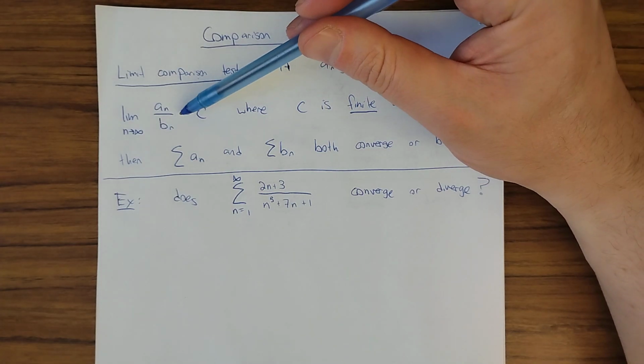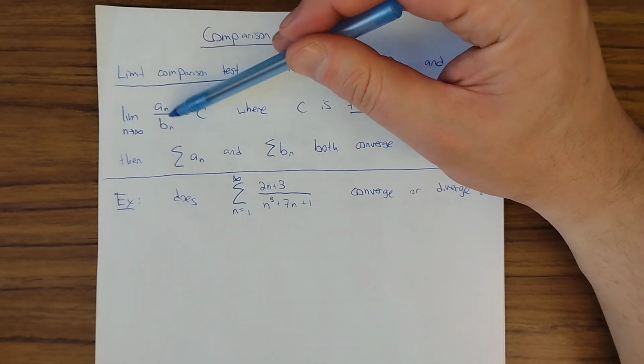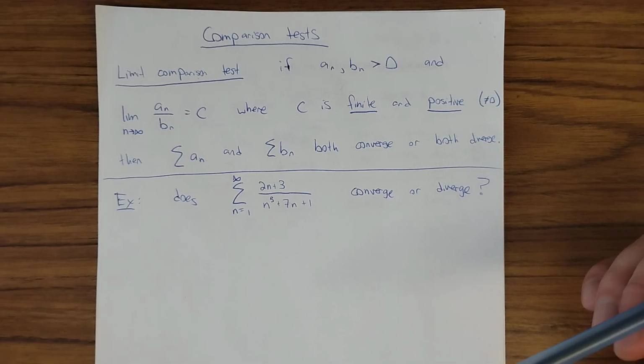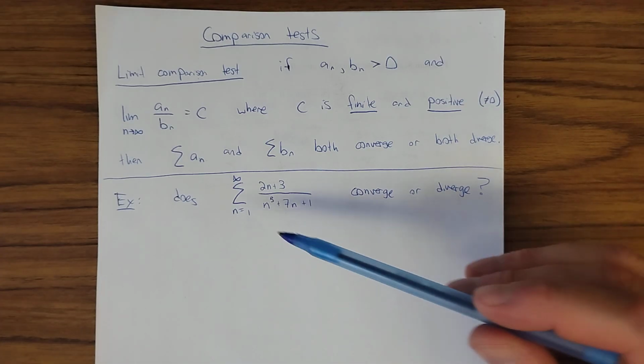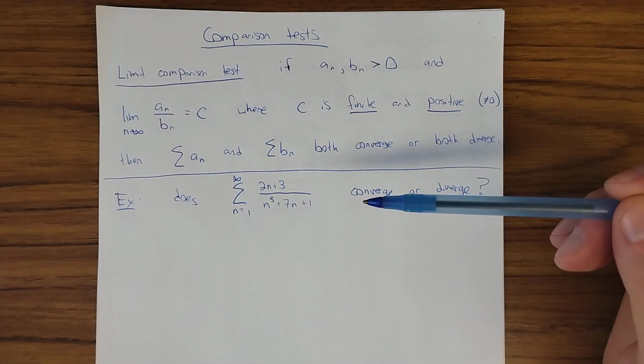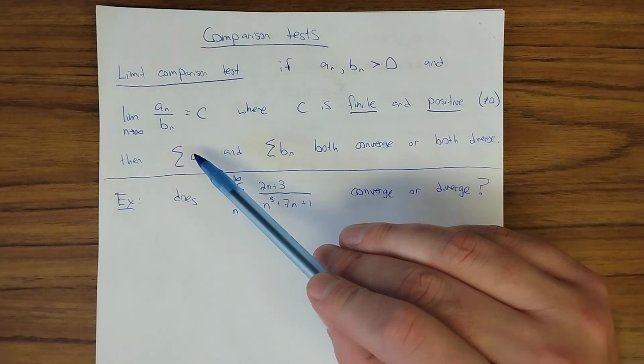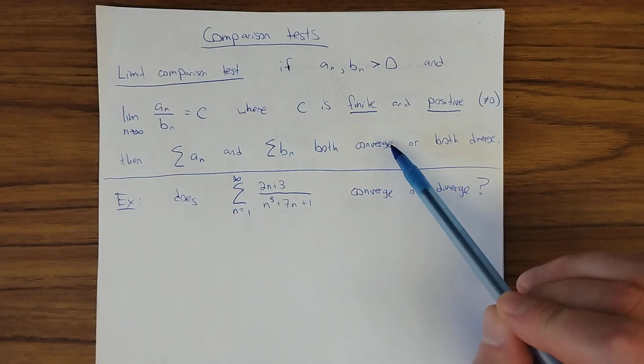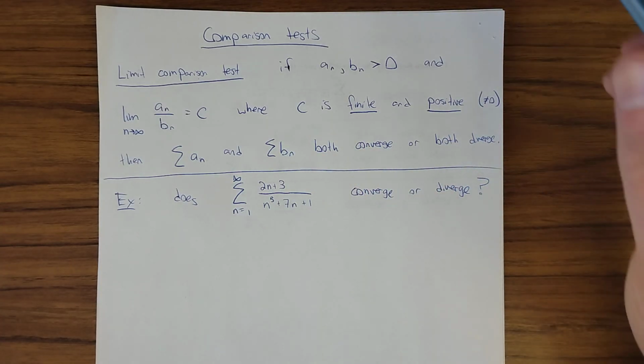So c isn't zero, it's not infinity, and this limit exists. So we get a finite positive limit. That means that these two series do the same thing. So the series with a sub n in it and the series with b sub n in it, either they both converge or they both diverge.